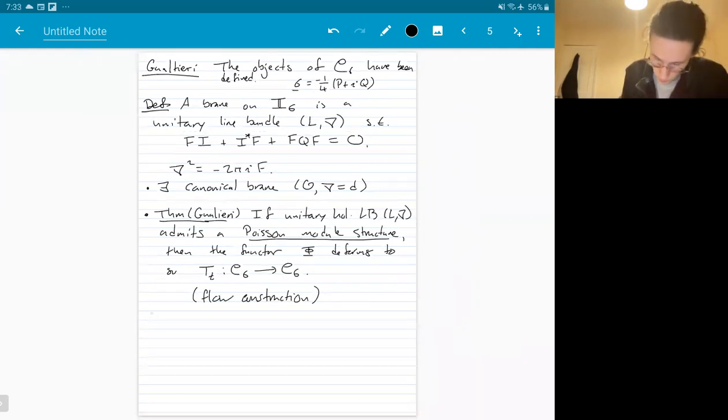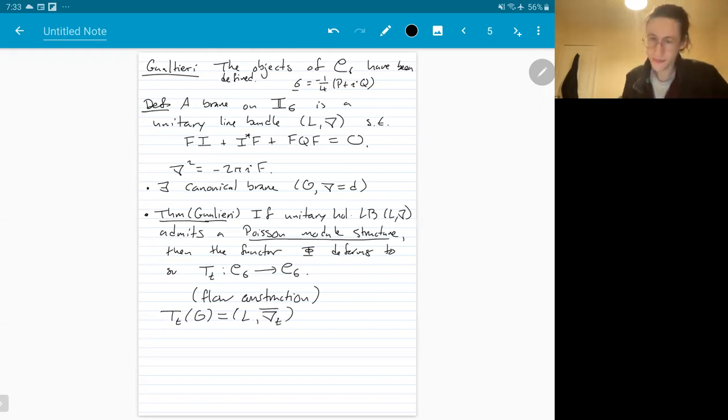So for example, if you take T and you plug in O, because O is a solution to this equation, you can apply T to it and it will spit out a brane, so it will spit out L, but with a deformed connection.